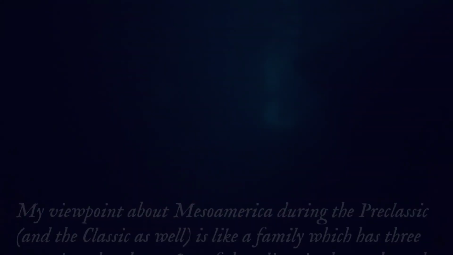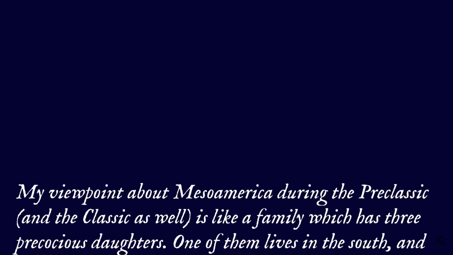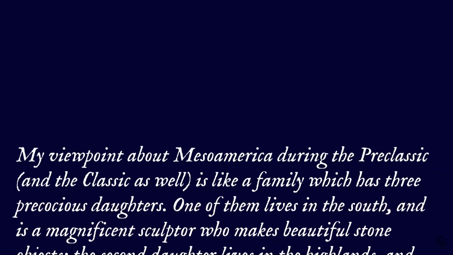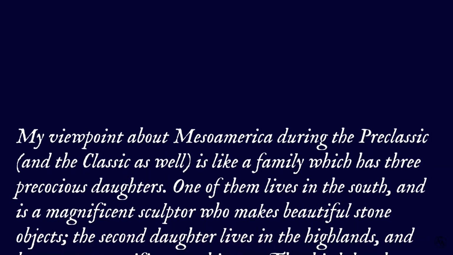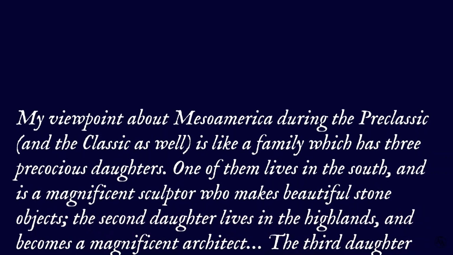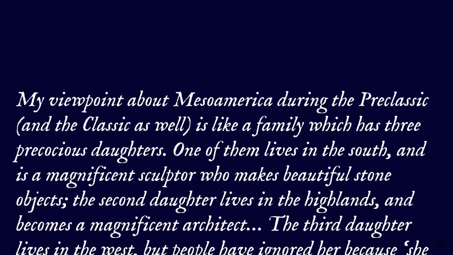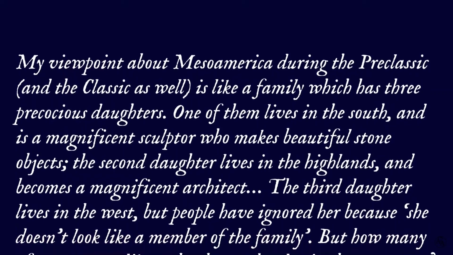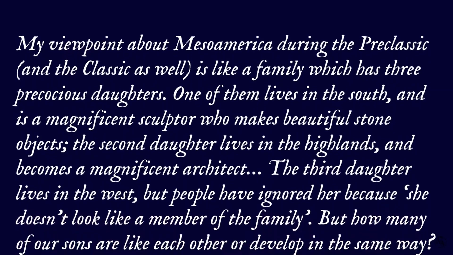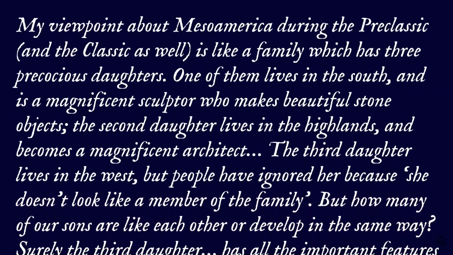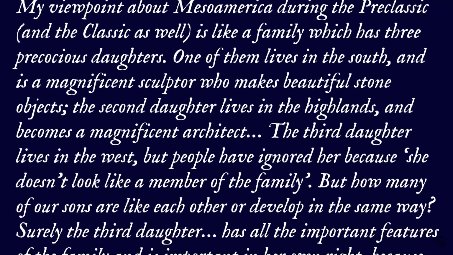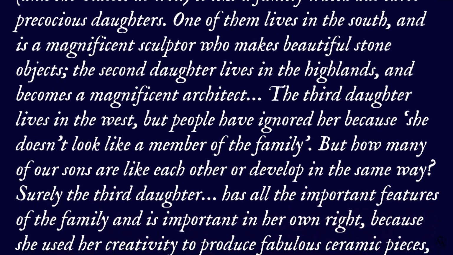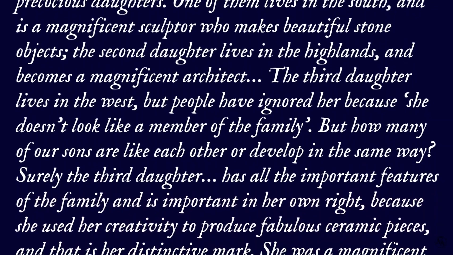My viewpoint about Mesoamerica during the pre-classic and classic as well is like a family which has 3 precocious daughters. One of them lives in the south and is a magnificent sculptor who makes beautiful stone objects. The second daughter lives in the highlands and becomes a magnificent architect. The third daughter lives in the west, but people have ignored her because she doesn't look like a member of the family. But how many of our sons are like each other or develop in the same way?